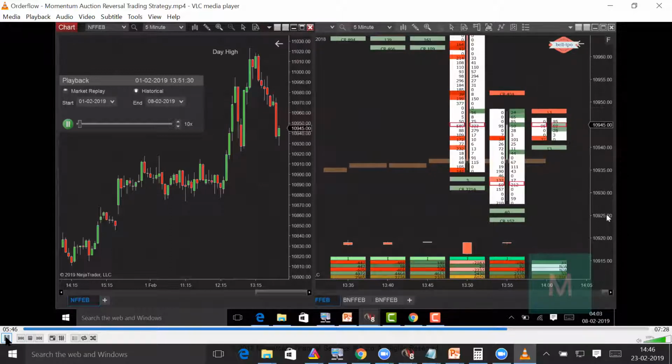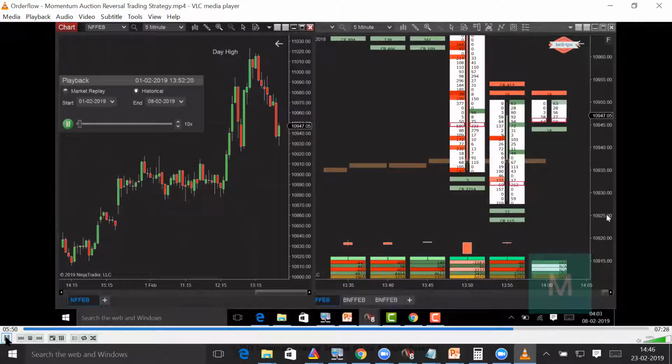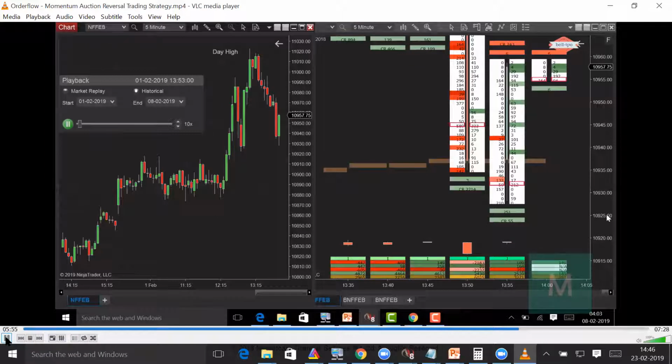Some responsive buying, maybe some here. If at all, they might do some sort of range bound activity. Finally, they got some liquidity. They might be balancing for quite some time, I guess.